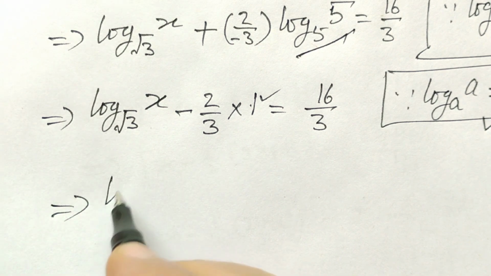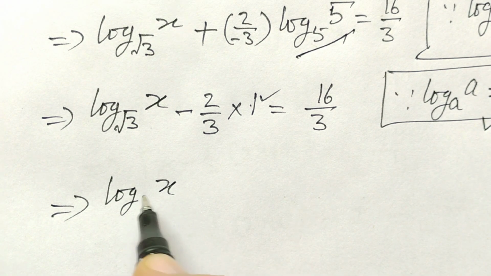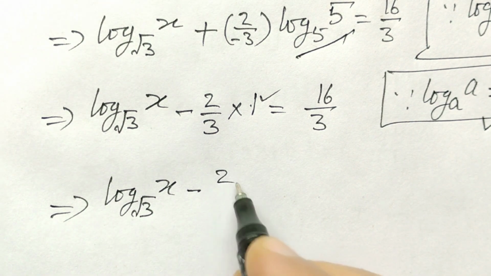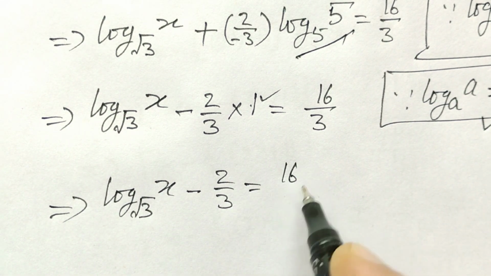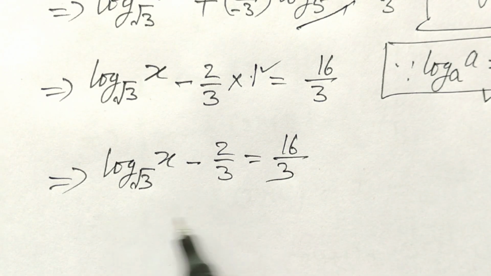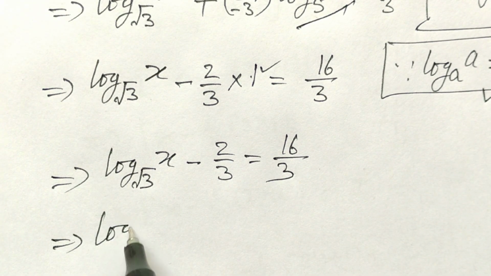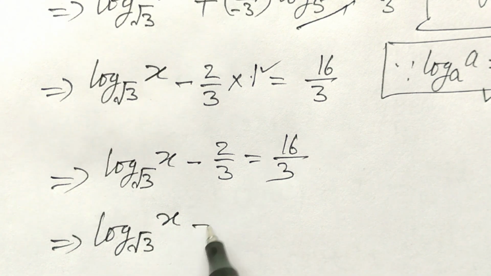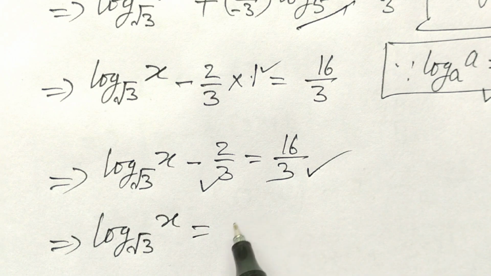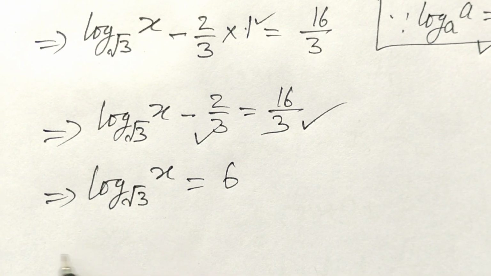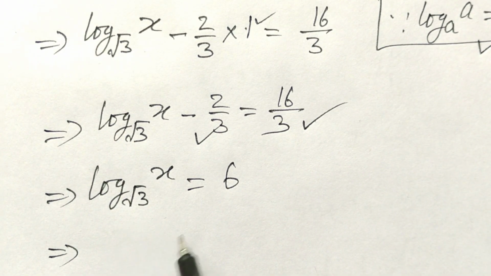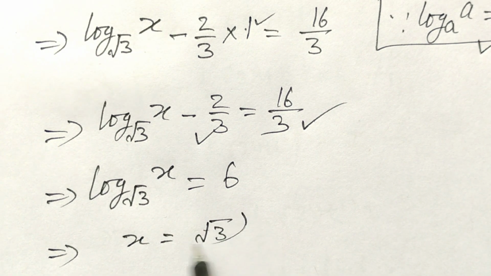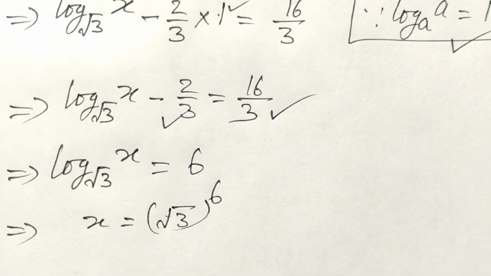Now log of x to the base square root of 3 minus 2 over 3 is equal to 16 over 3, right?